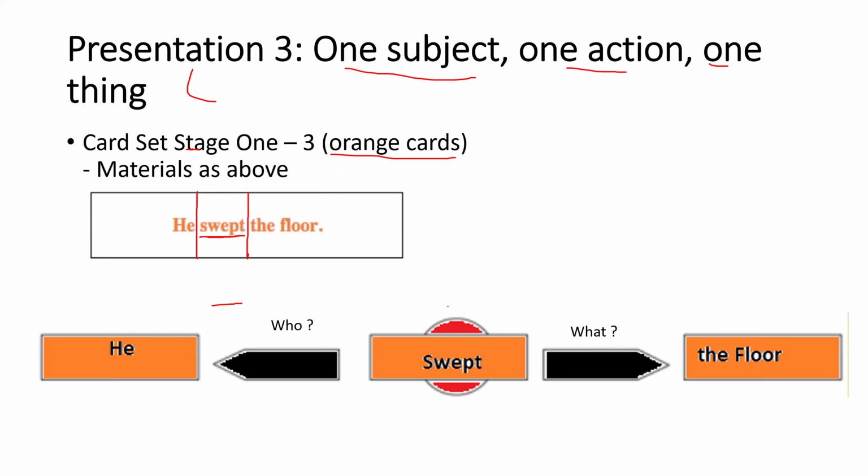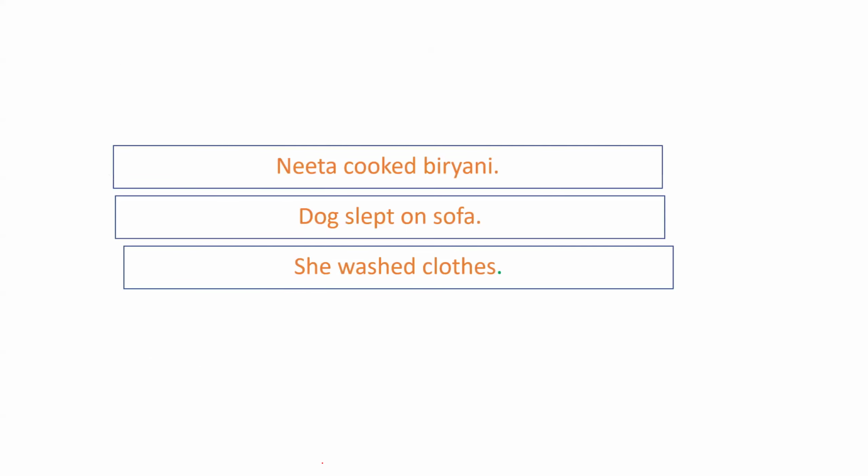Start with this action word. Try to pick the action symbol from your grammar symbol box. Place your action card on that, and now start asking questions. Who swept the floor? He. What did he sweep? The floor. The child will have to give you the answer. Only after the child gives you the answer, you have to place the card. That becomes very important for us.